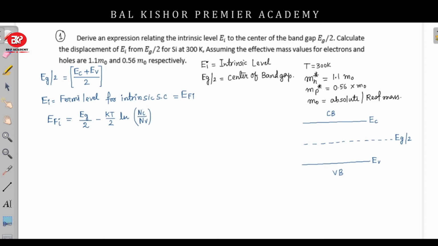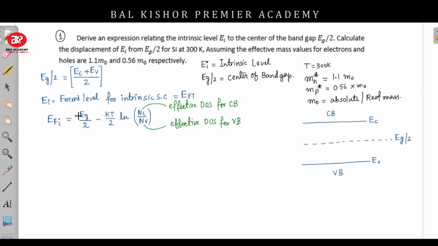So you can write that NC is the effective density of states (DOS) for the conduction band. Similarly, NV is the effective density of states for the valence band. So in this way we can calculate the EFI.